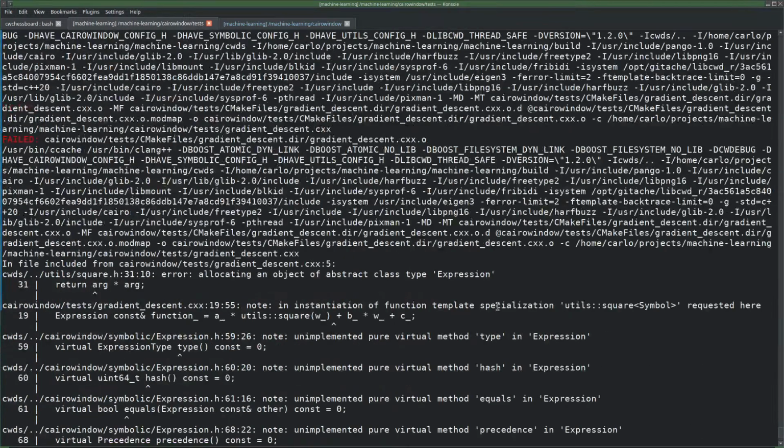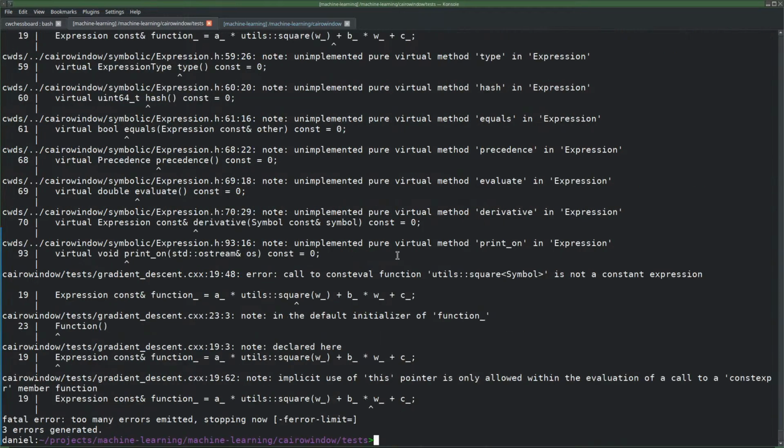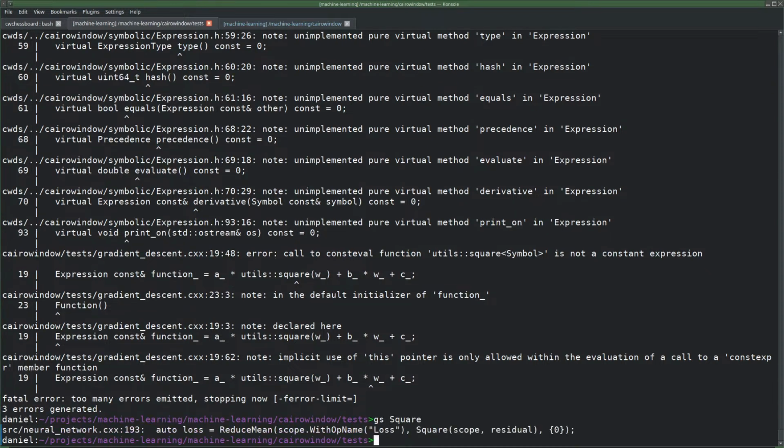No, it got worse. Allocating an object of abstract type. Okay, now I'm confused. I thought I could use a util square on a symbol, but apparently not. Do I have a square in symbolic? Not really, no.